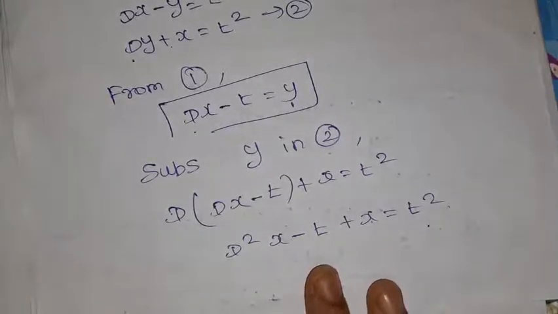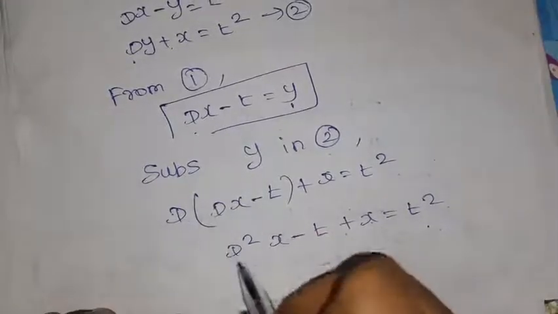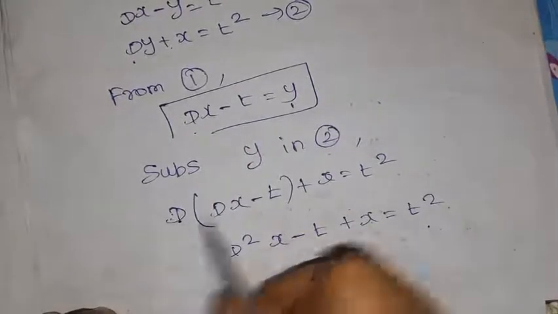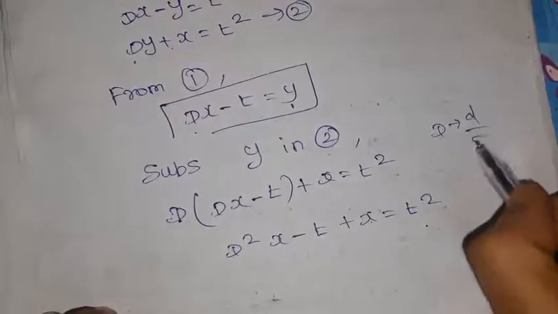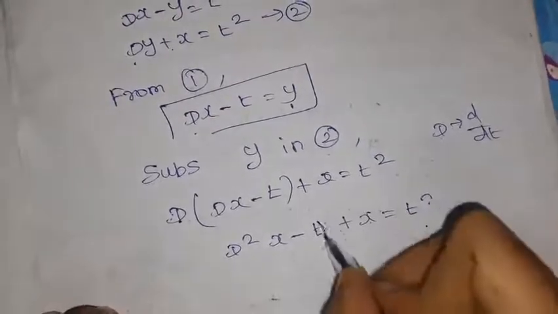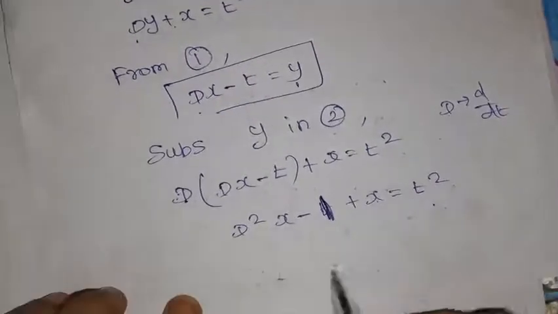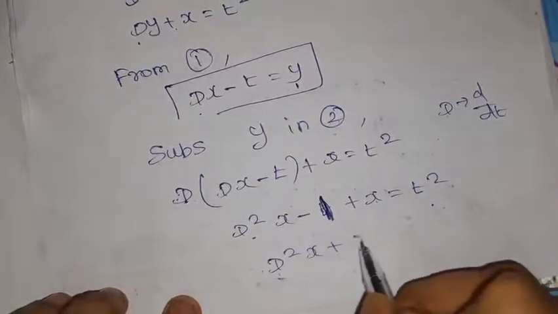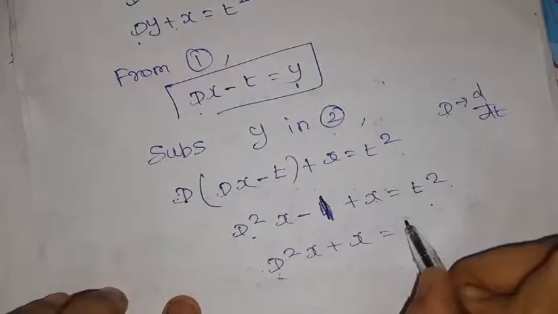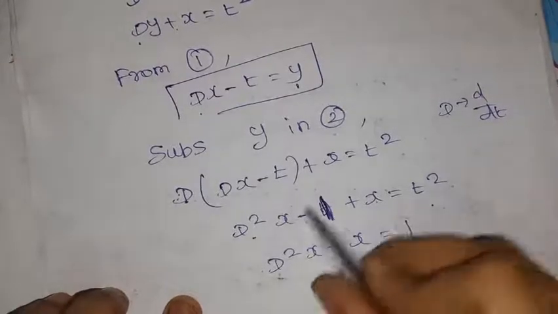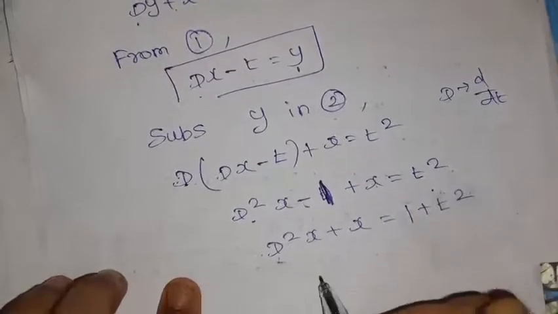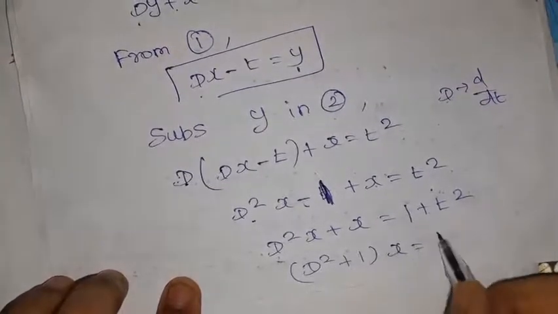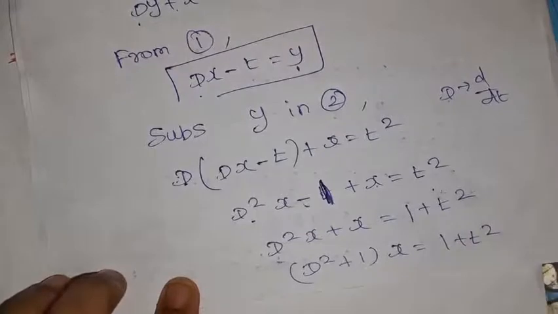D squared x, this is capital D, nothing but d by dt. Differentiation of t with respect to t, we will get 1 only. So clubbing, D squared x plus x equal to t squared plus 1. So (D squared plus 1) into x equal to 1 plus t squared.